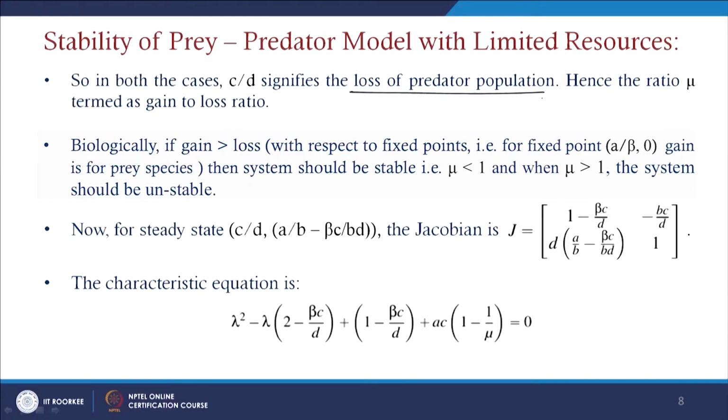In both these cases, c by d signifies the loss of predator population.